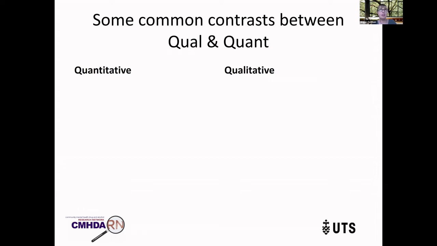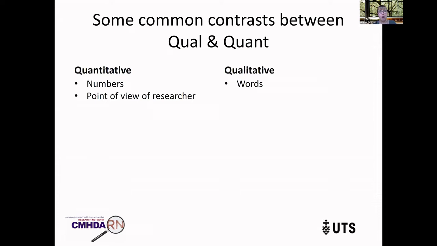But let's dig into some of the common contrasts between these two research approaches. Now, you probably have these things in your head at the moment, so I'm going to bring them up slowly, and you can either think about them and jot them down, or perhaps you already know them. So if I was doing quantitative research, I'm going to be focused on numbers, whereas in qualitative research, obviously, I'm going to be looking at words. Much more important, I'm thinking about texts and discourses, whereas I'm calculating numbers in quantitative research.